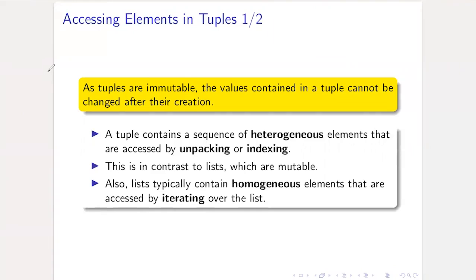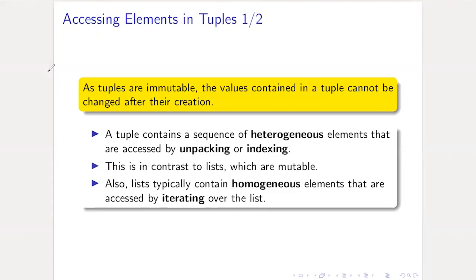As we have seen, the sequence of elements in a tuple can be of different types. Mind you, in a list also the elements can be heterogeneous, but very rarely do we actually do it that way. So a list is normally a homogeneous collection of items.